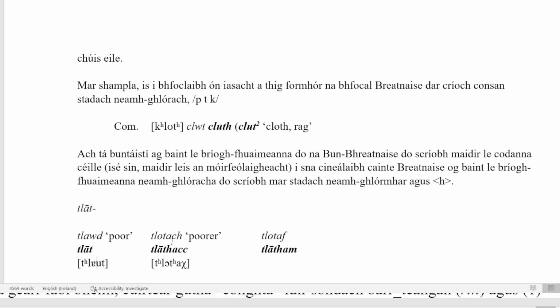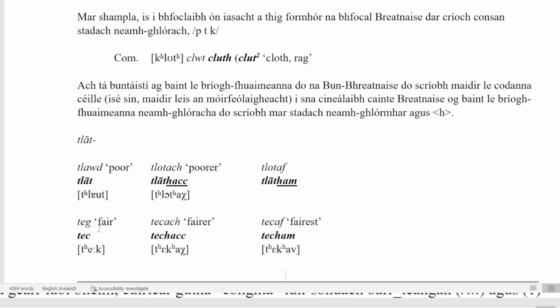Whereas in the comparative, poorer, it's tlotach, where the D becomes a T, and that's because actually the underlying suffix is this H, which devoices the T. And then the same thing in the superlative, the most poor. Again, there's the root with the H, which causes the aspiration of the T, tlotav.